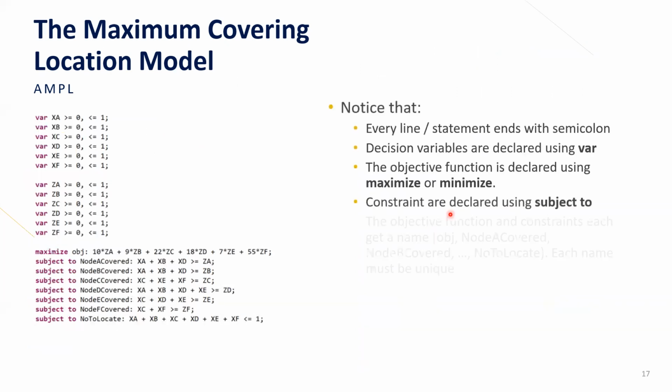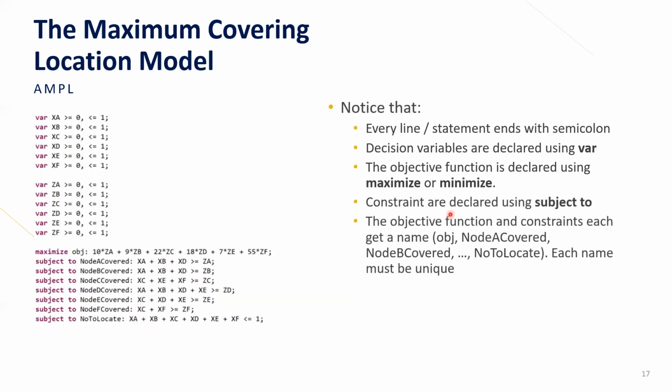Here is just another explanation, let's show some characteristics in the modeling. First, you notice that every line or statement will end with a semicolon, and the decision variables are declared using var. So when you have decision variables, they are represented by var here, meaning variables.